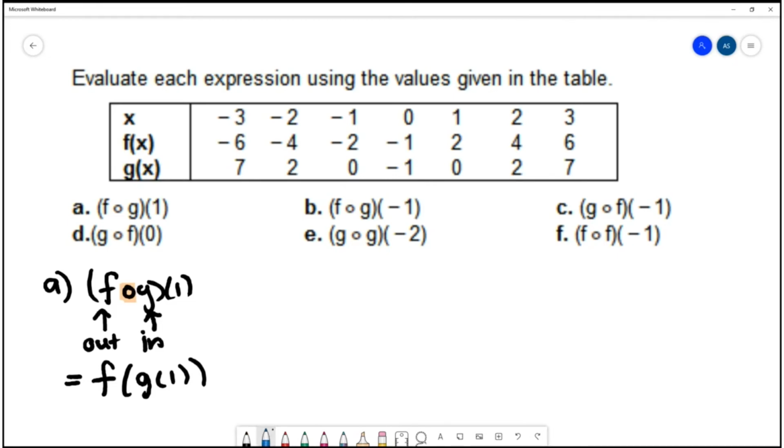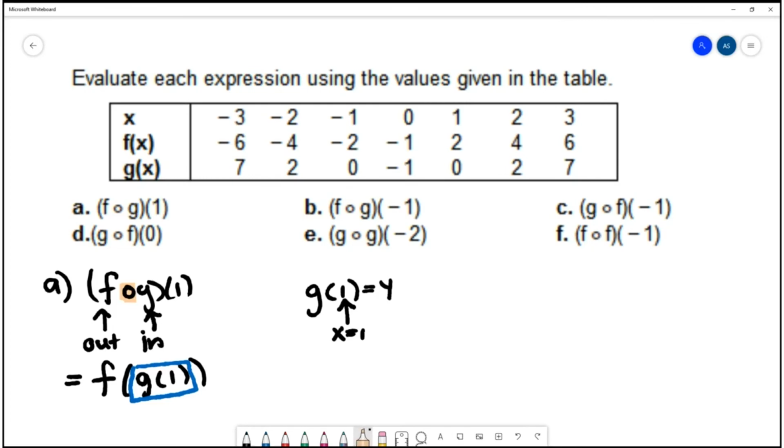Now, if we focus on the notation that we have inside, we have g of 1. That notation, g of 1, is giving us a value of x equal to 1, and g of 1 is referring to a y value.